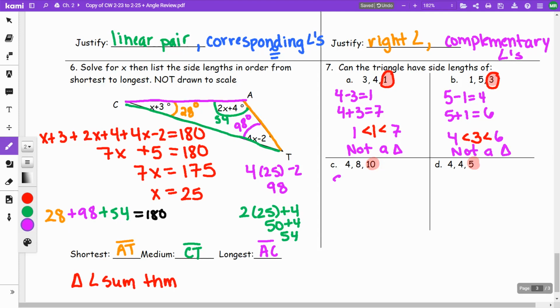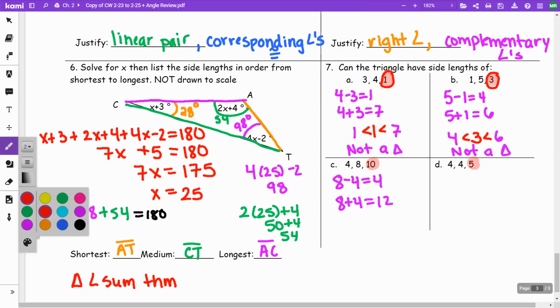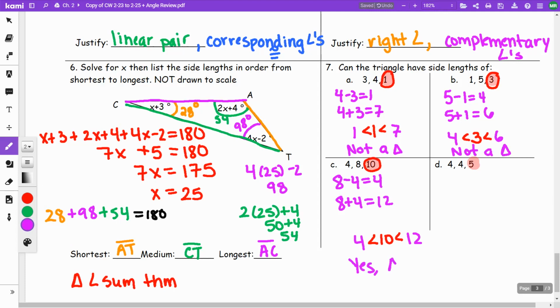My next one, 8 minus 4 is 4. And if I add 8 and 4, I get 12. And so again, I'm trying to see if this 10 is going to be in between the 4 and the 12. And so, yes, triangle. And the last one, 4 minus 4 is 0. 4 plus 4 is 8.